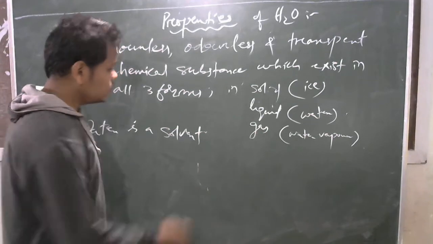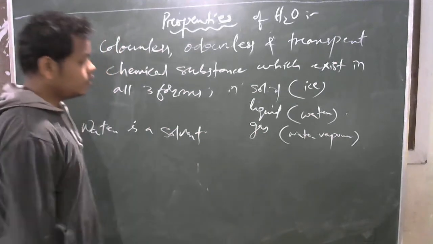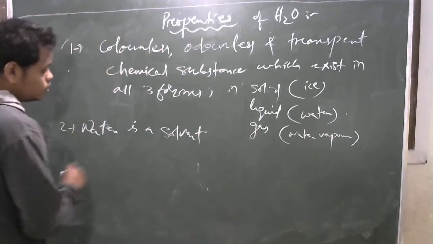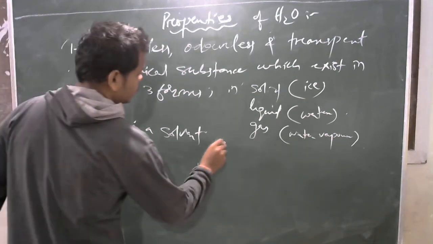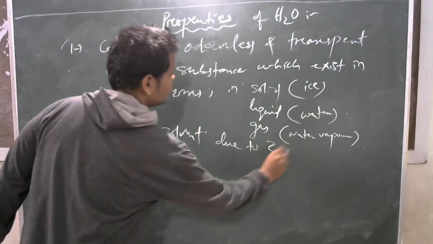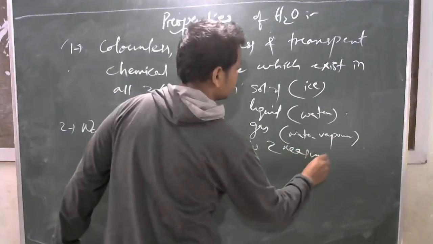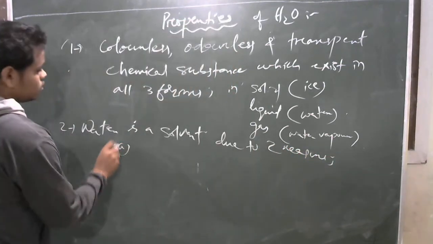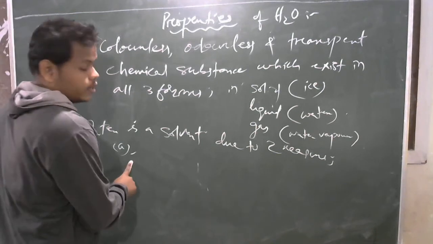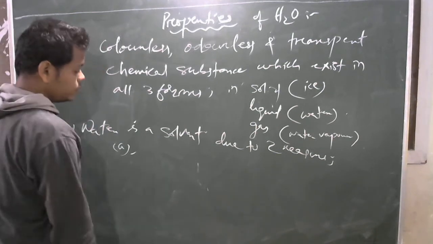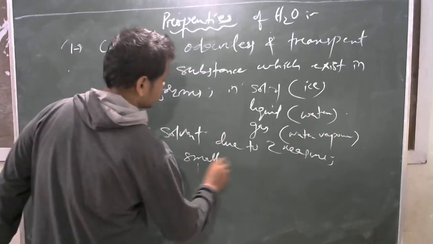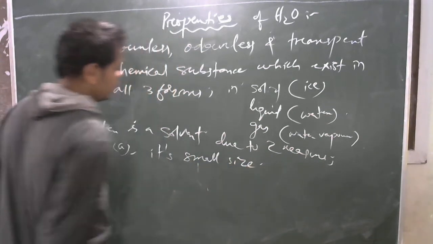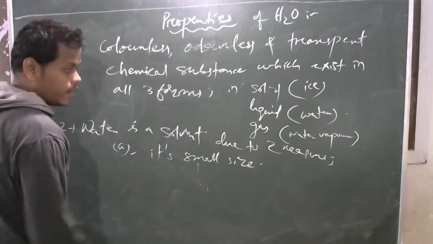And what is the reason that water is a solvent? There are two reasons that water is a good solvent. First is its small size. Water is very small in size. Being small in size, it acts as a solvent.